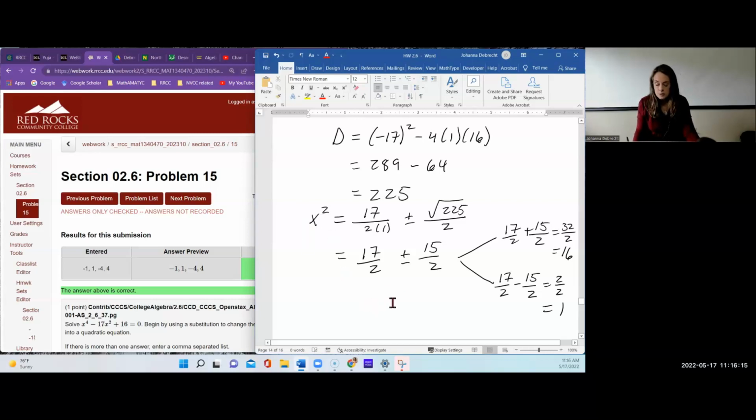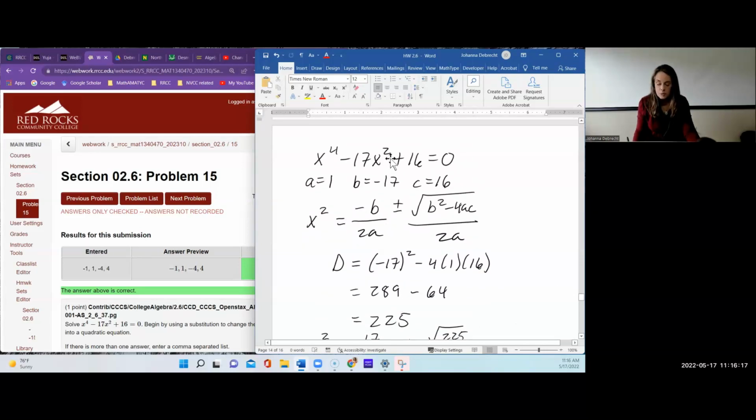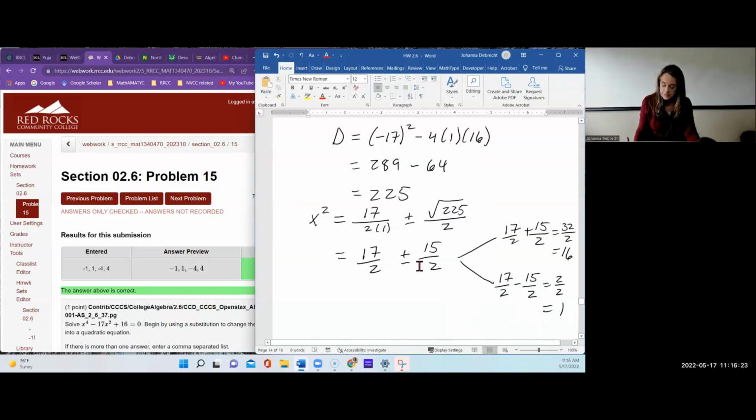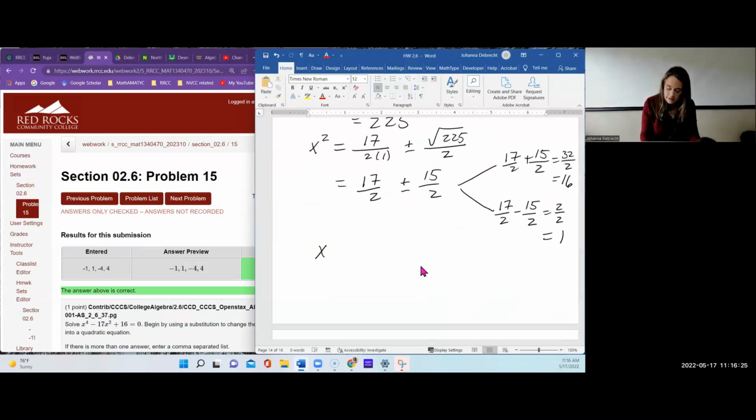Remember that because this was quadratic in form, we weren't actually looking for x, we were looking for x squared. And that tells me that if x squared equals 16 or x squared equals 1, now I need to solve it using the square root property. The square root property, it's not there already, I'm putting it in.